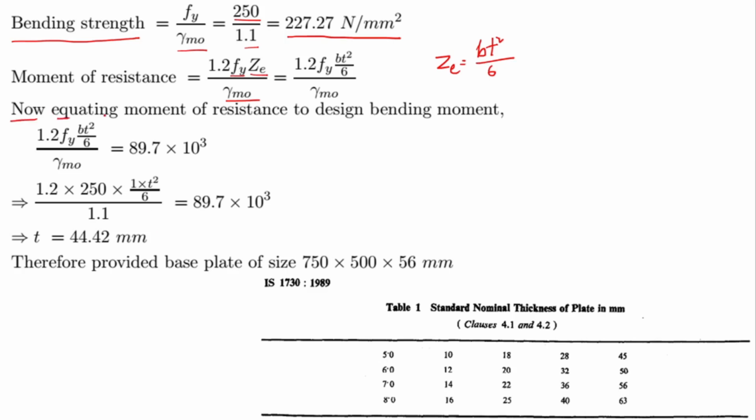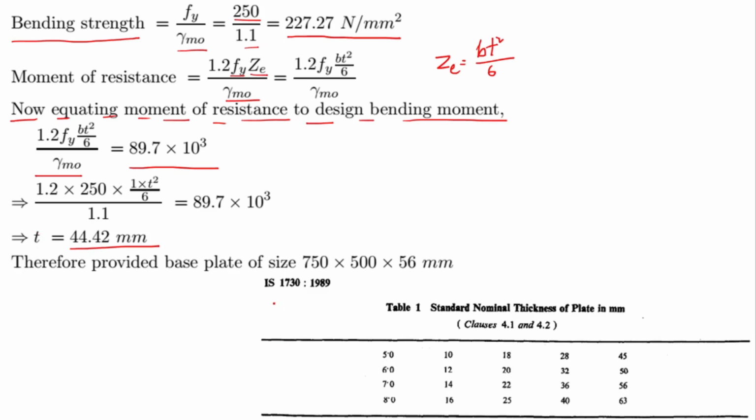Now equating moment of resistance to design bending moment, which is 89.7 into 10 cube Newton mm, after simplification we get the thickness required as 44.42 mm.